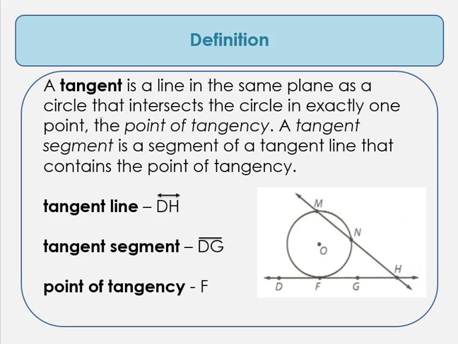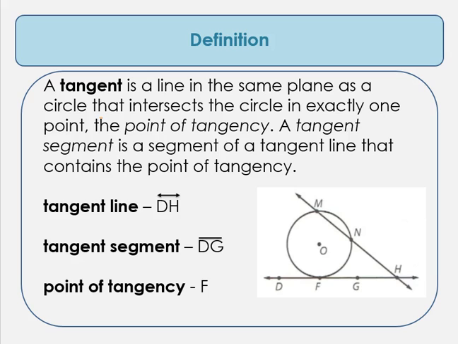Let's take a look at the drawing. So we have circle O, and we have two lines that are interacting with circle O. From our last lesson, we should recognize that line MH is a secant, and that line passes through the circle at points M and N, creating a chord.